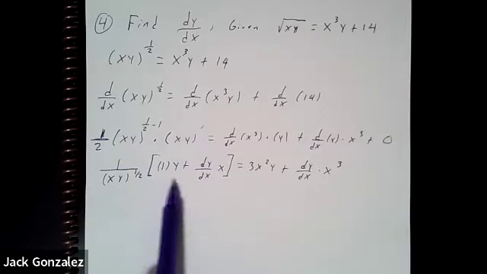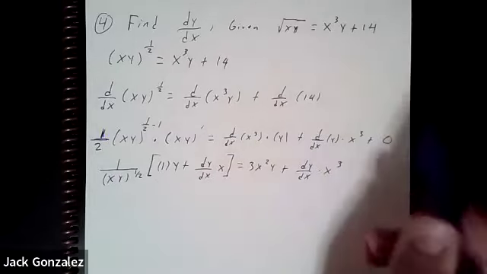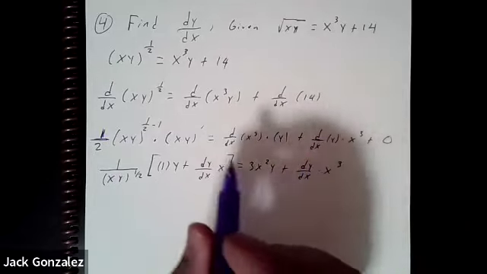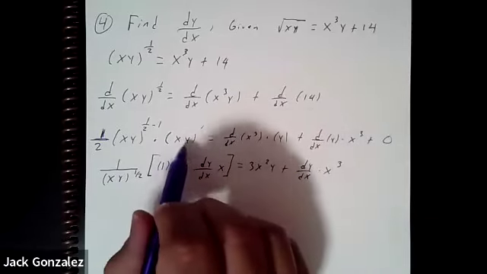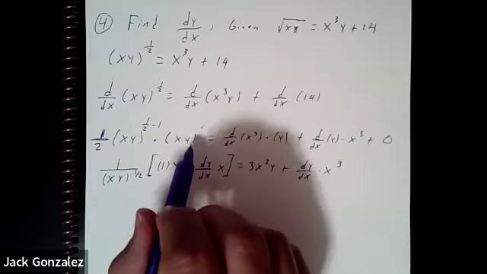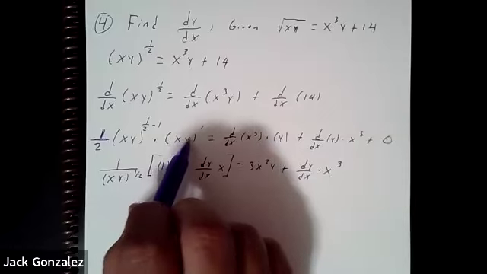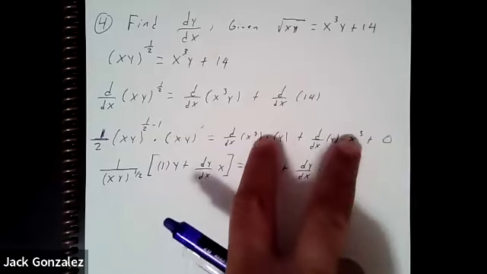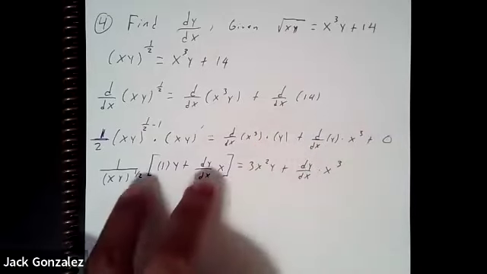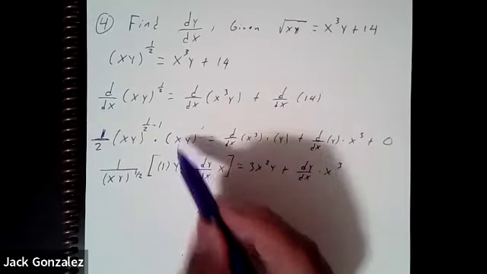Where did you get the dy/dx times x? Is that the derivative of xy? Yeah, this is a product, right? So you've got to do a product rule. You see how I did this over here? I showed the in-between step there but didn't show it here. Okay, I see it now, thank you.